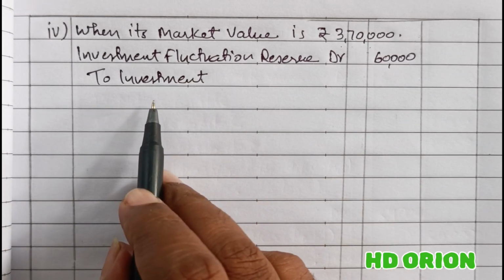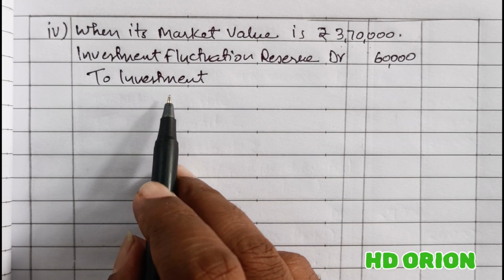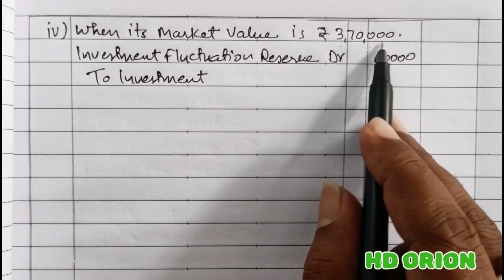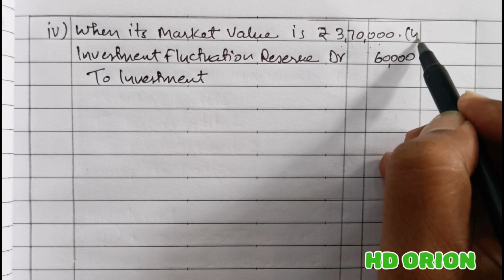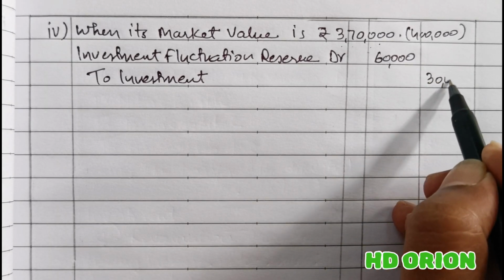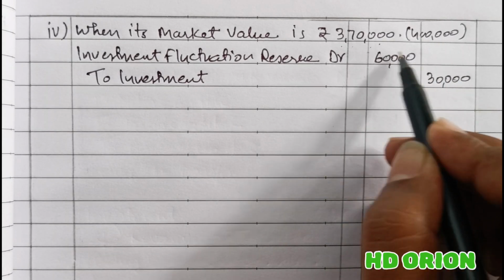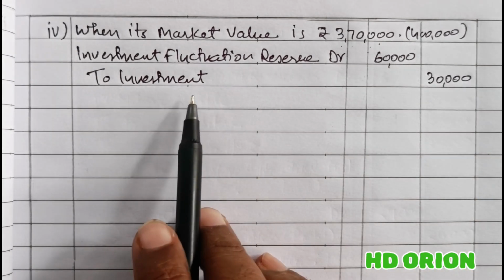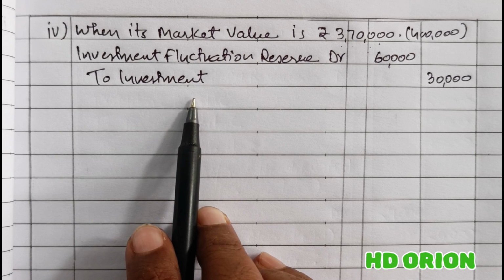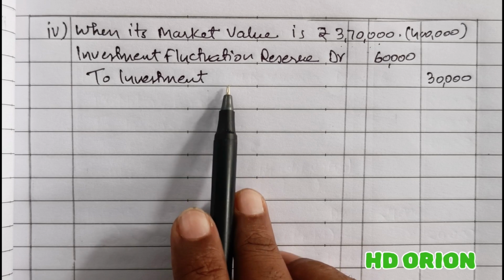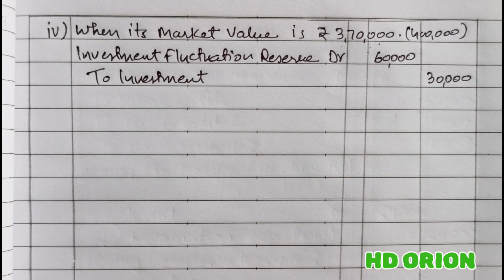we will not transfer this decrease in the value of investment in revaluation account, because there is a reserve for it. Fine. So out of 60,000, what is the decrease in the value? When you compare it with rupees 4 lakh, the loss is of rupees 30,000. So 30,000 is within the reserve, so it will be compensated from here. For this, you do not have to maintain a revaluation account, because till 60,000 rupees it can be adjusted against investment fluctuation reserve.